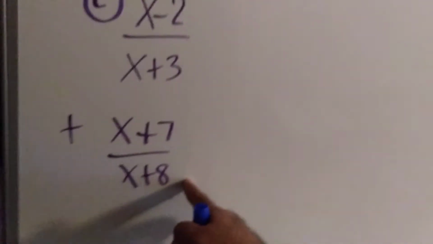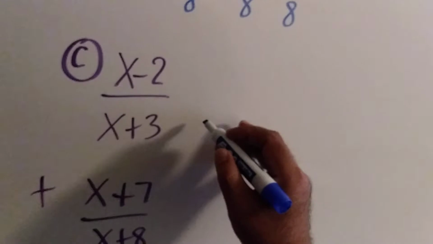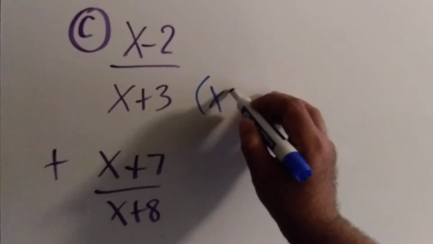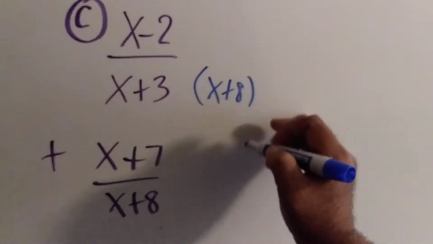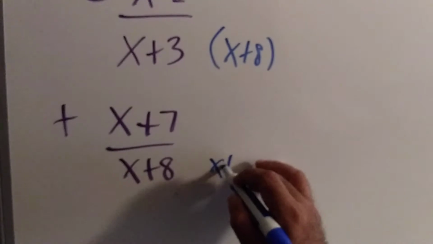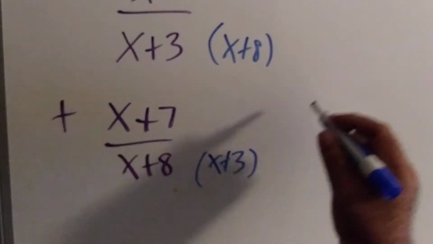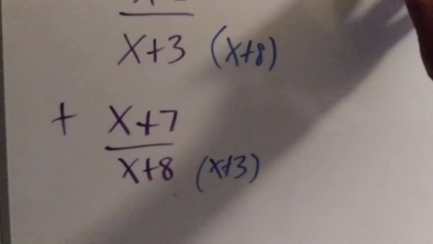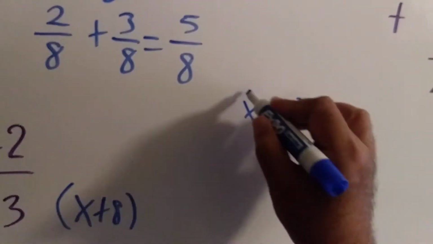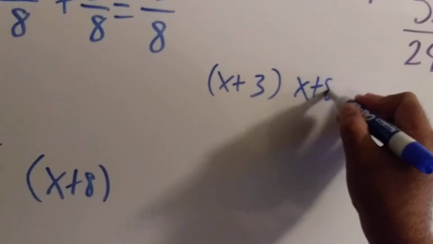The x plus 3, in order to have something in common, also needs an x plus 8. And the bottom one is missing an x plus 3. Thus, our common denominator would be x plus 3, x plus 8. That's our common denominator.